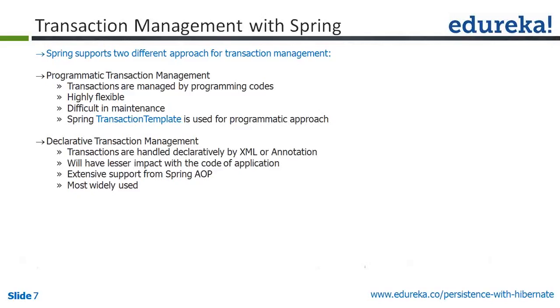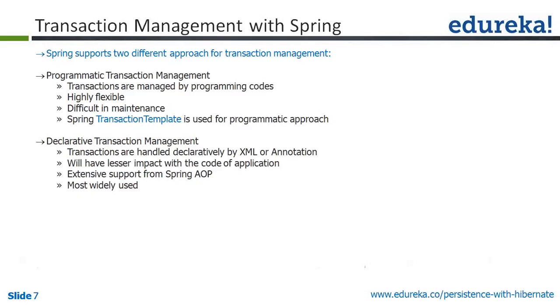In easier words, when you're doing your development, programmatic transaction is easier. When your application is already live in production running and you have to maintain, then you would feel, okay, if I had declarative transaction management, it would have been easier. So once your code is live and running in production, you would prefer declarative.